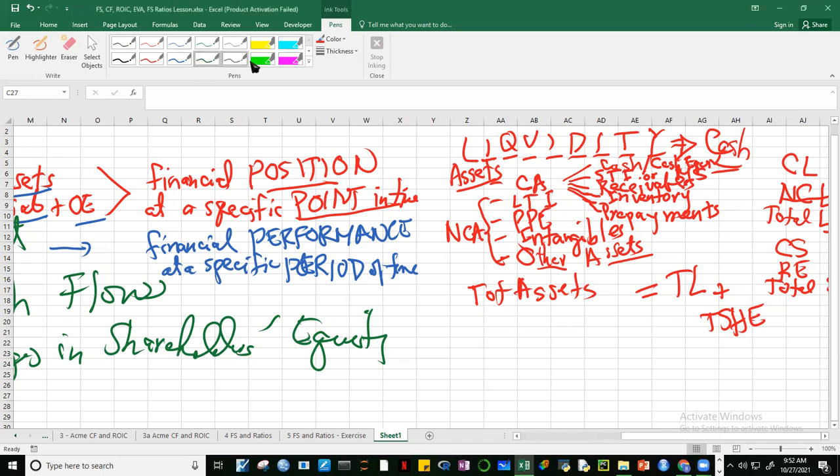So number 1, the 3 layers of inventory for a manufacturing firm: raw materials, work in process, and finished goods. That's correct. This is for a manufacturing firm. For a trading firm, it's just inventory, or the finished goods, since they do not buy raw materials and convert them into a finished product. They buy the finished goods itself and then sell it as is.